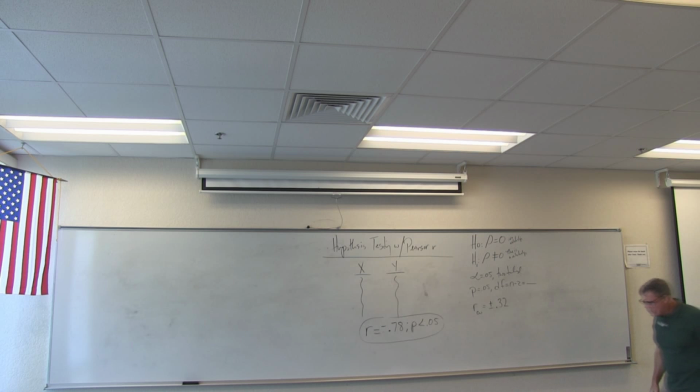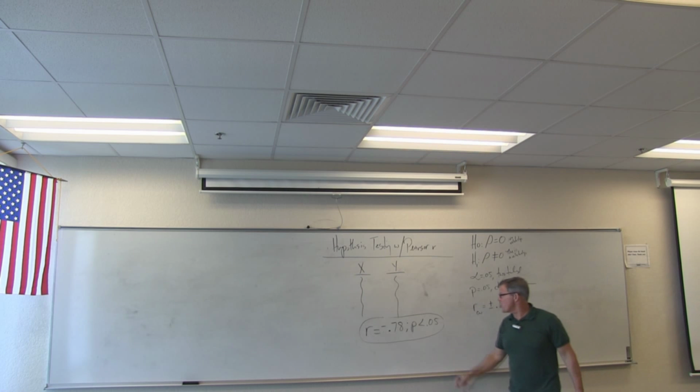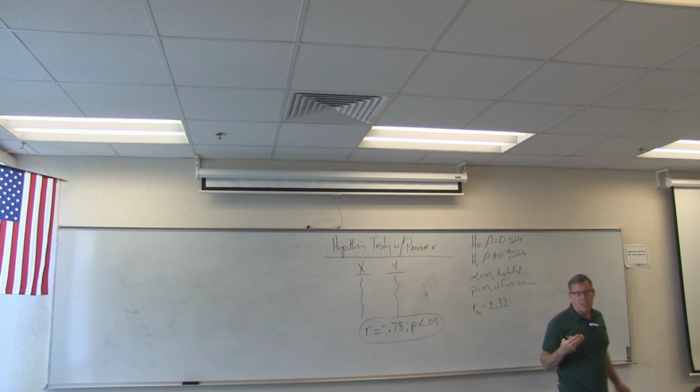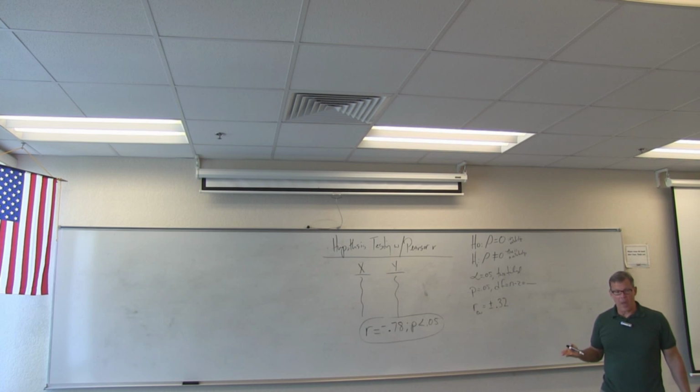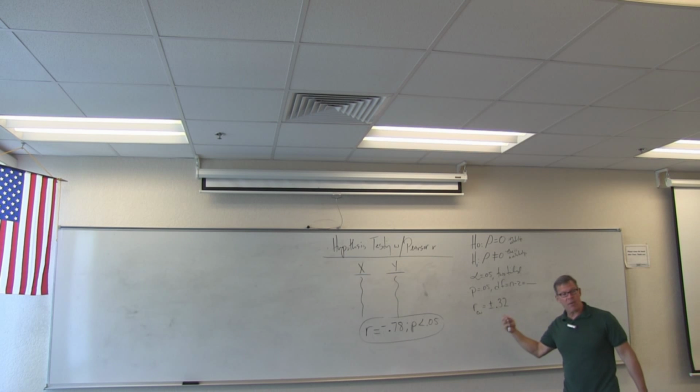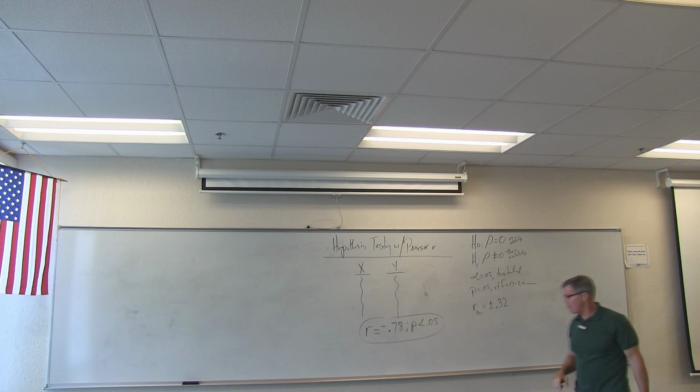In scientific articles, whenever you see this notation, you automatically know that a null hypothesis is rejected. P is less than 0.05, P is less than 0.01, P is less than 0.001, a null hypothesis has been rejected. P is greater than 0.05, greater than 0.01, a null hypothesis has been accepted.